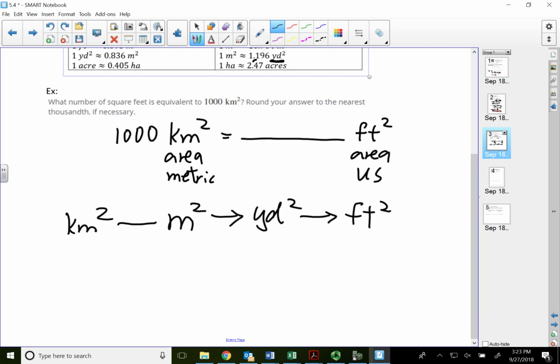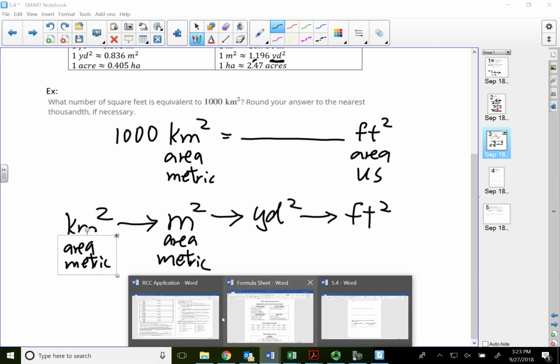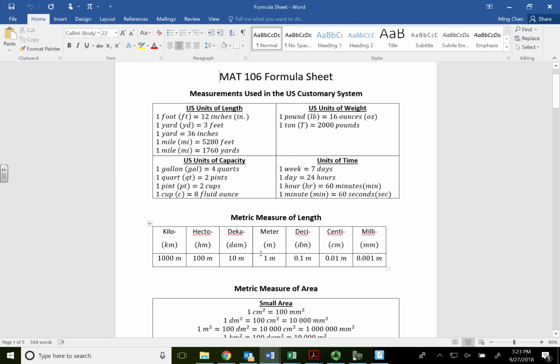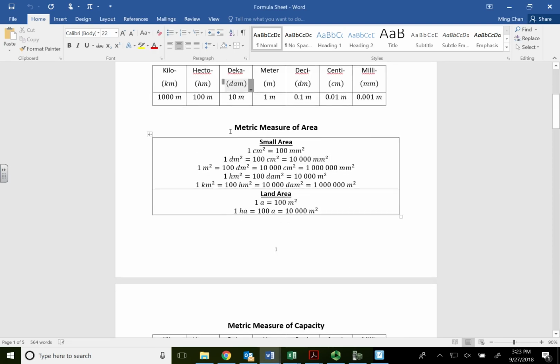All right. So now the question is, how do I convert from square kilometer to square meter? Well, this is area for metric. Square meter is also area for metric. So if you look on the formula sheet, in the previous module, we did convert metric measurements of area.